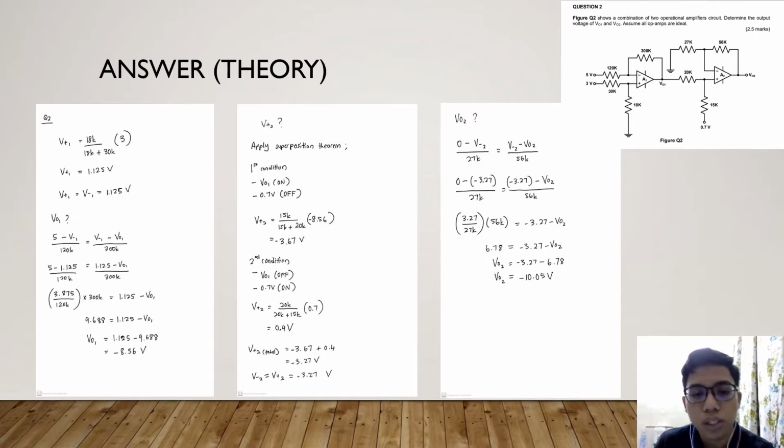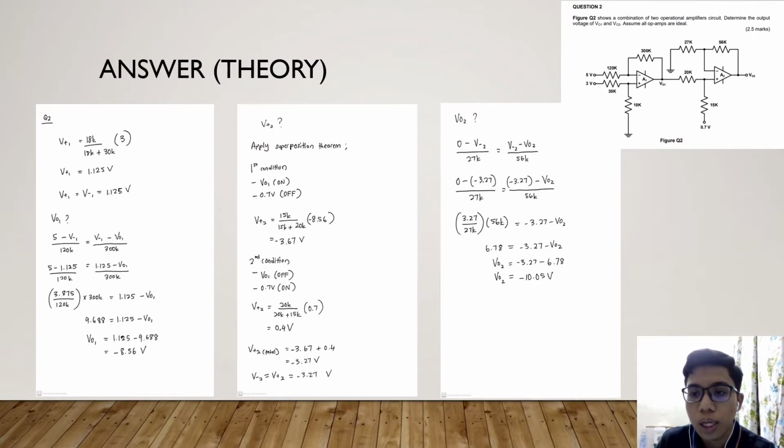Okay, next we find V out 2. In order to find V out 2, we have to know the values of V minus and V plus, so we have to find V plus first. As you can see in the circuit, there are two resistors in one line and two voltage supplies.